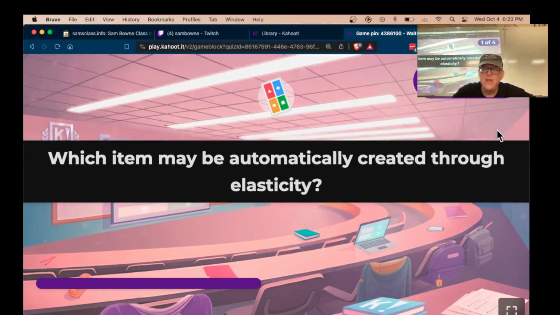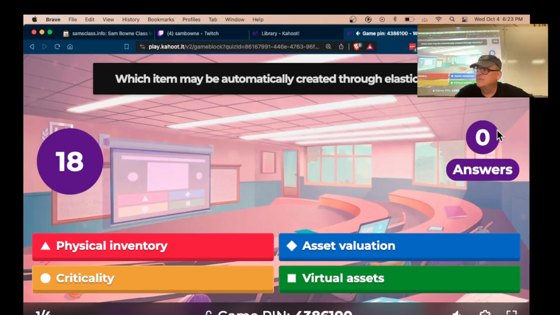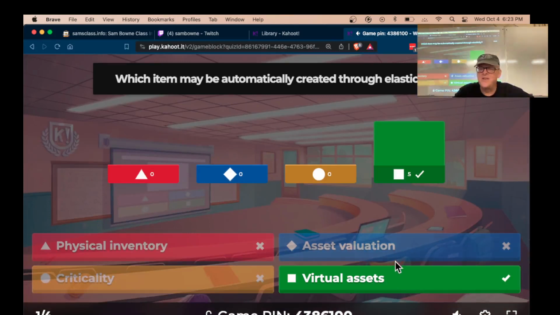So, which one of these will be automatically created through elasticity? That's it. You guys have got it. Elastic cloud computing automatically spins up more virtual servers as required.